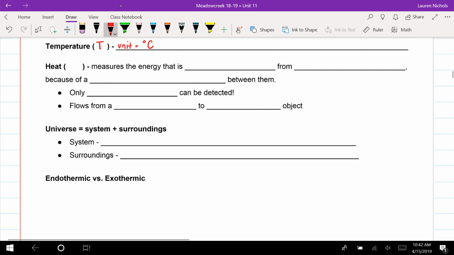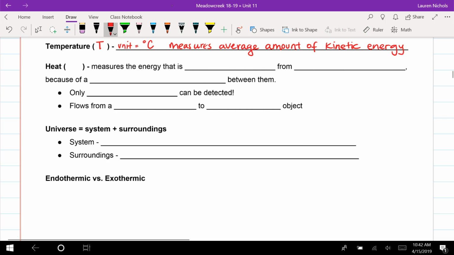There are often a lot of misconceptions about what temperature is, but temperature measures the average amount of kinetic energy in the atoms. So temperature will measure if the atoms are moving very quickly or if they're moving slowly.